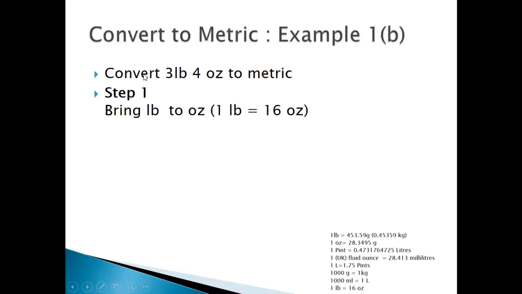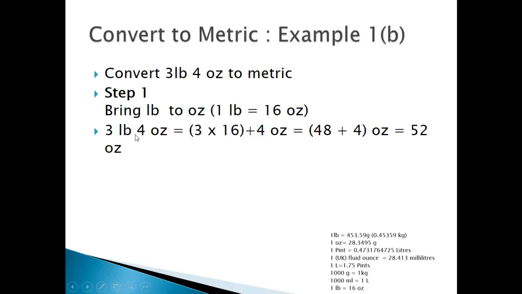Another example here, 3 pounds 4 ounces. We're going to convert the pounds over to ounces, and then add on these ounces here. 16 ounces in a pound, so 3 multiplied by 16 plus the 4 we had here, so that's 48 plus 4, which is 52 ounces. So 3 pounds 4 ounces is the same as 52 ounces.